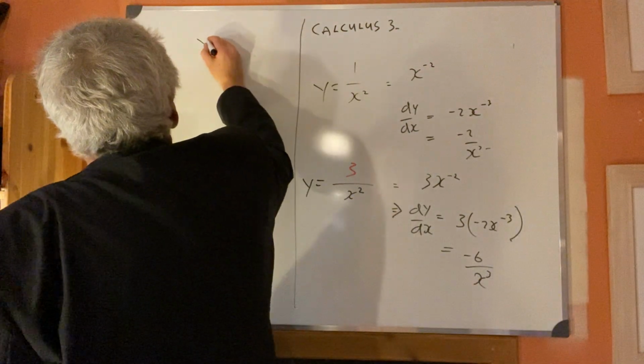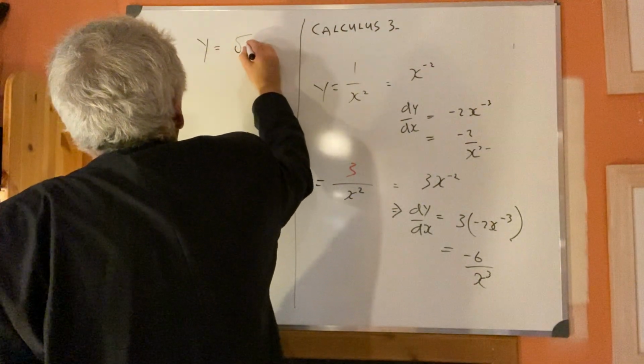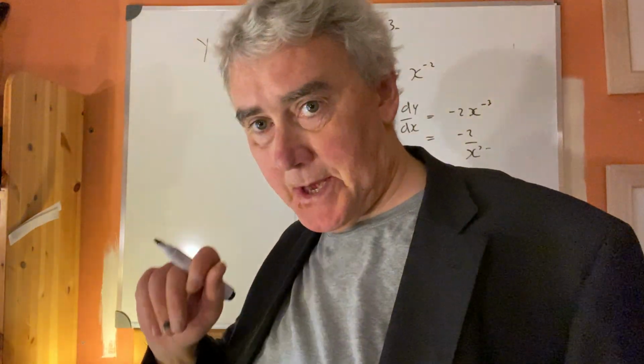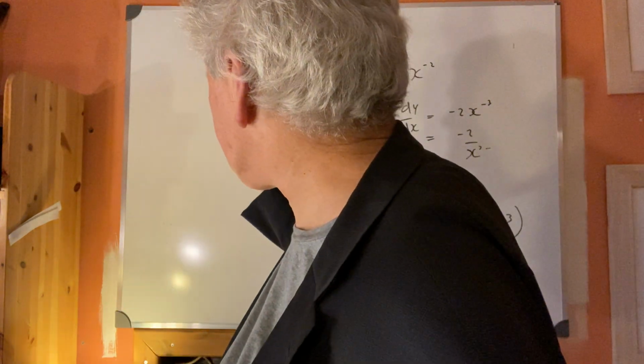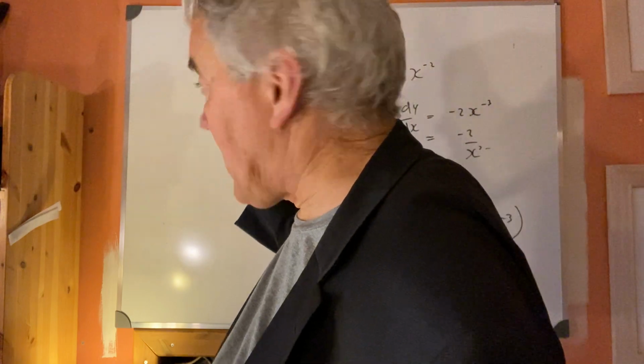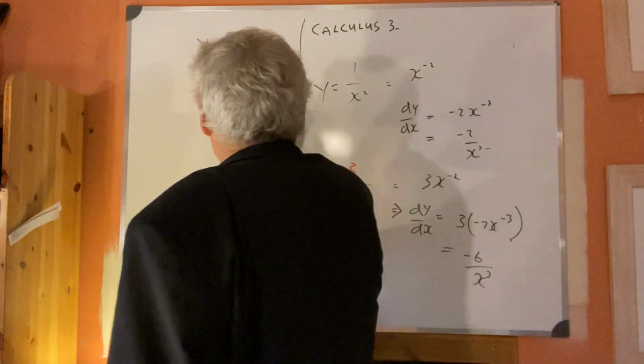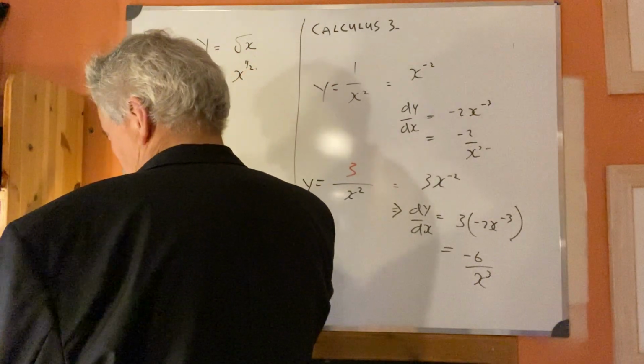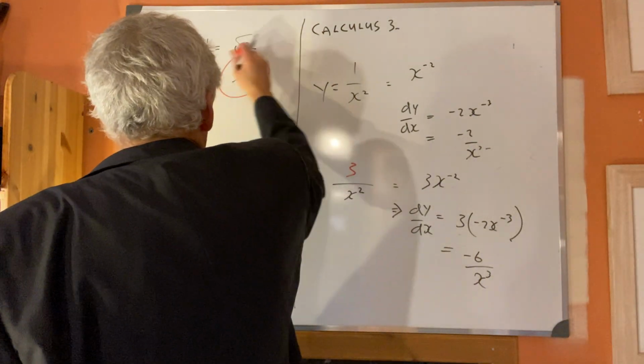So, if we have y is equal to the square root of x, again this is a problem for the section on indices, but we can write that as x to the power of a half. Again, this is something I'll be looking into.